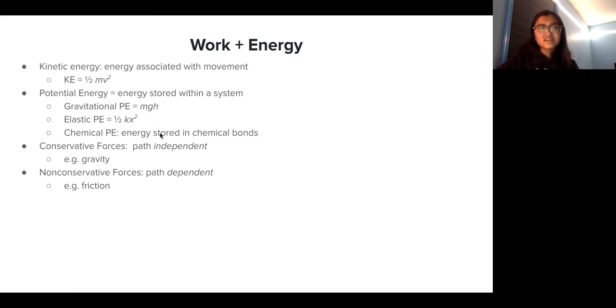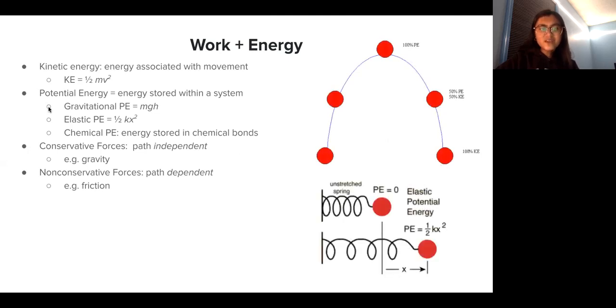You also have elastic potential energy, which is 1/2 kx squared, where k is the spring constant, and x is how much it's been displaced by. Here you can see the spring has been stretched a tad. And then your chemical potential energy is energy that's stored in chemical bonds.